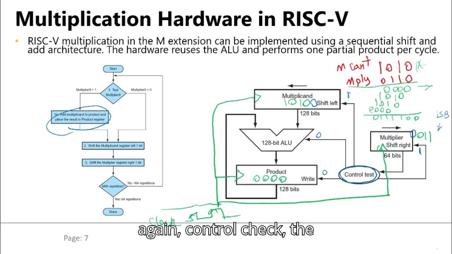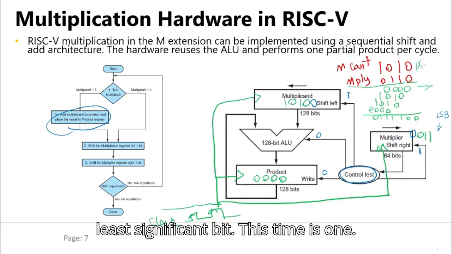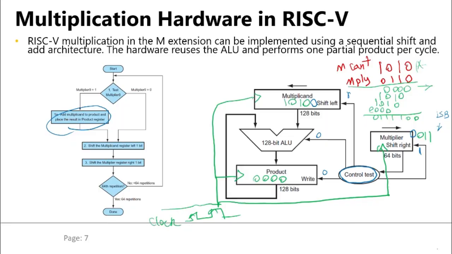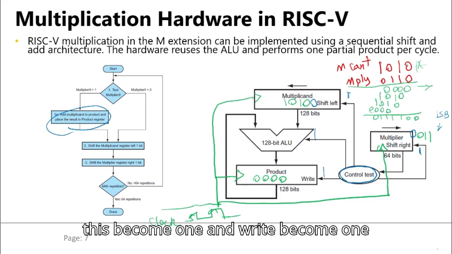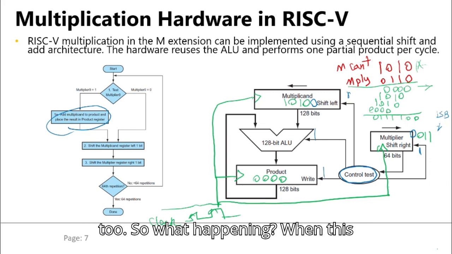So again, the control checks the least significant bit. This time it is 1. If it's 1, we need to do add. So this becomes 1, and the right becomes 1 too. So what's happening?